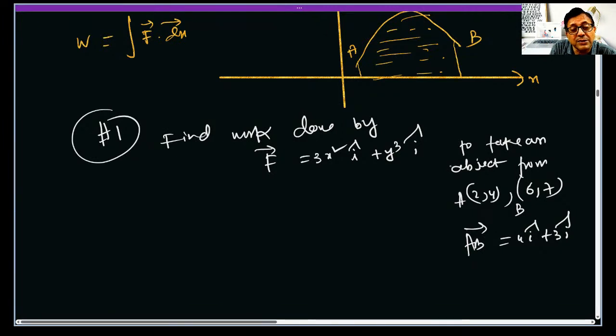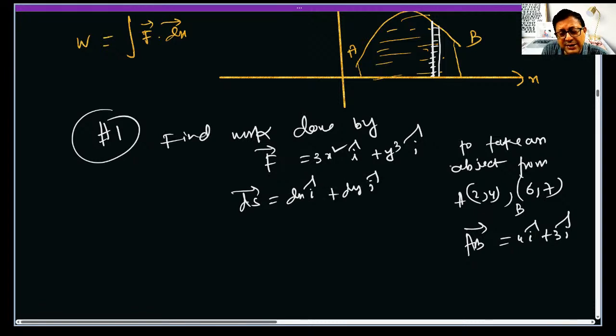So we go by that concept where ds vector we take as dx i, little displacement along x-axis, along y-axis, and then calculate the net work. This is the concept here. Net work is always area under the curve, but you first calculate one part. So this dx i plus dy j is there.